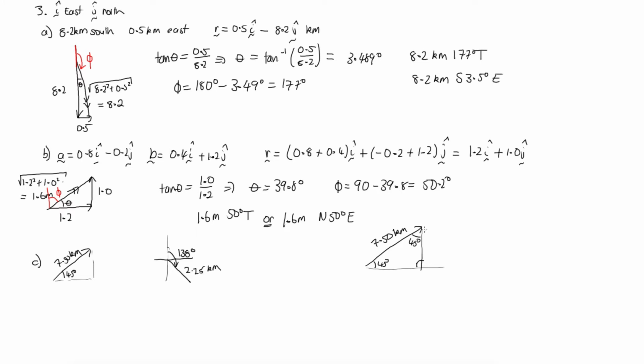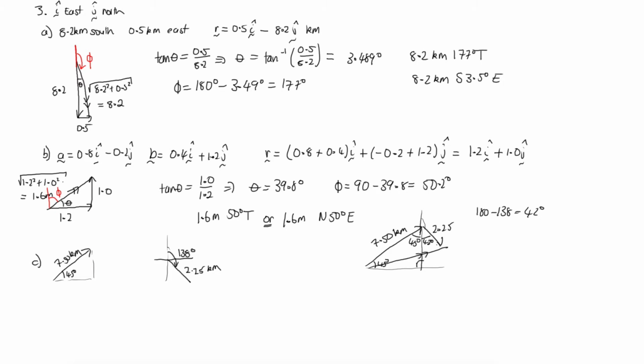And then we've got this one here coming down. This is 2.25 kilometers. Now, because this is 138 degrees here, this in here is equal to 180 minus 138, which is equal to 42 degrees. So the resultant is going to be this one here.